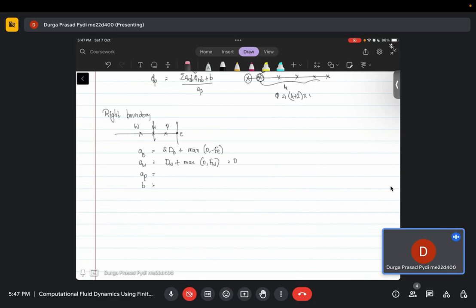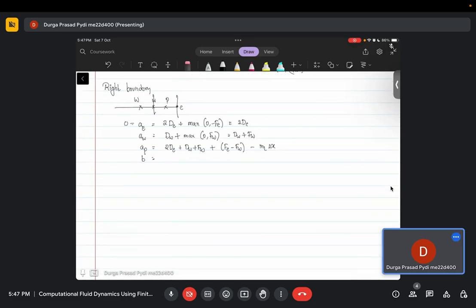So this will be D west plus FW. So what will be my AP? A east plus AW plus MX into minus. B term is ideally 0, but here, because of your source, you will have A east times phi 0.